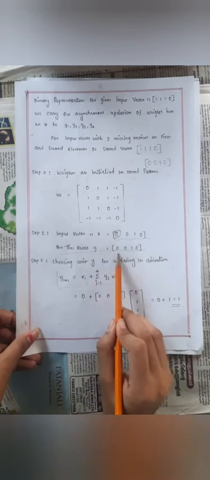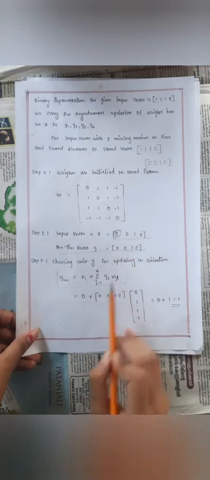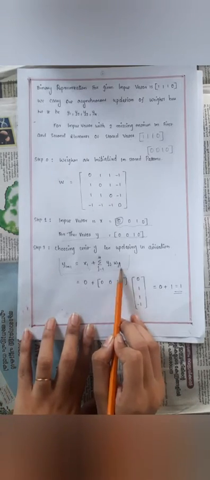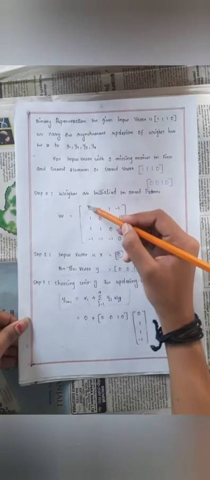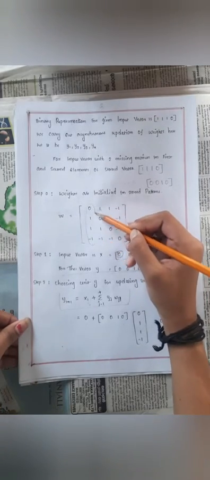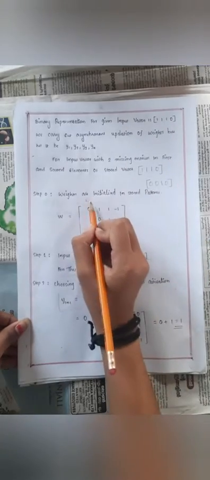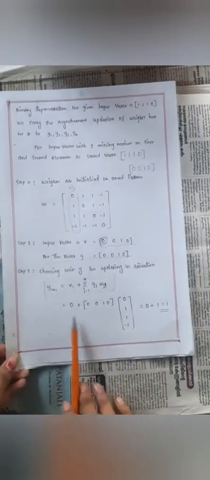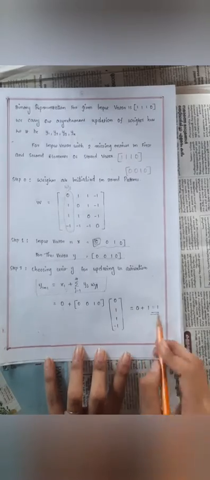When we consider y is equal to 0 0 1 0, our yj vector is 0 0 1 0. Then what is wj1? That is the first column of the weight matrix, called wj1. When we calculate this, we get 0 plus 1, equal to 1.